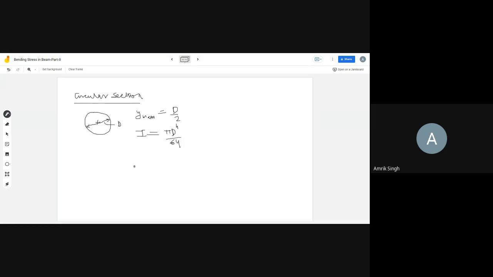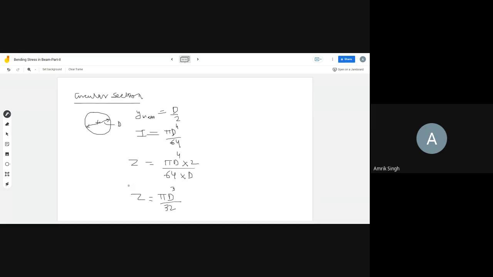Okay. So therefore Z is equal to pi D4 upon 64 into 2 by D. So it is pi D cube upon 32.